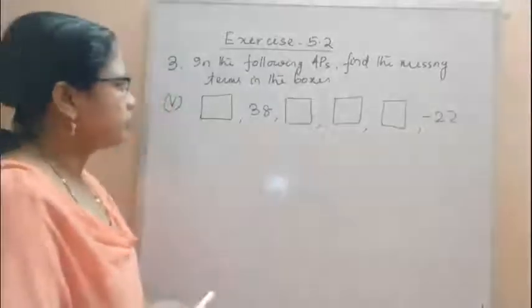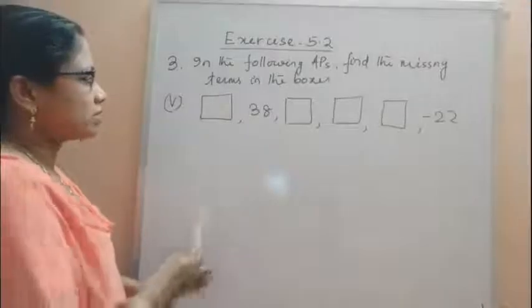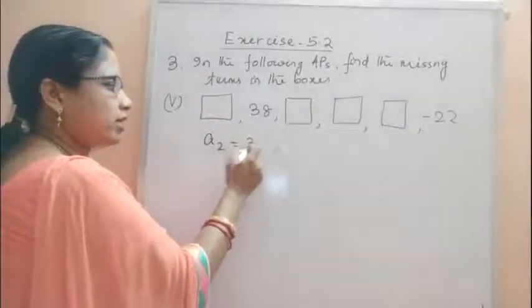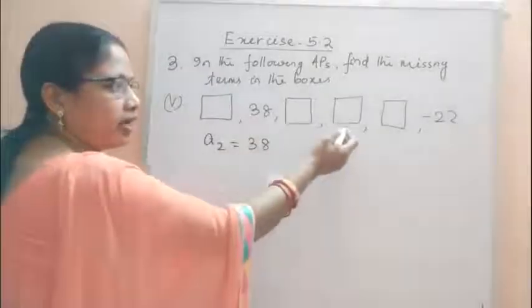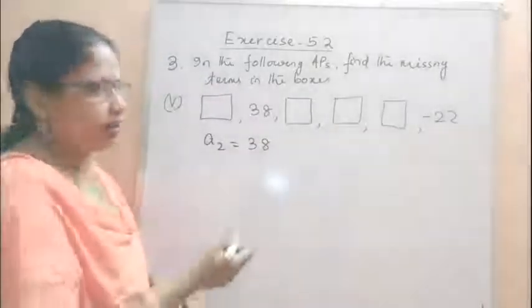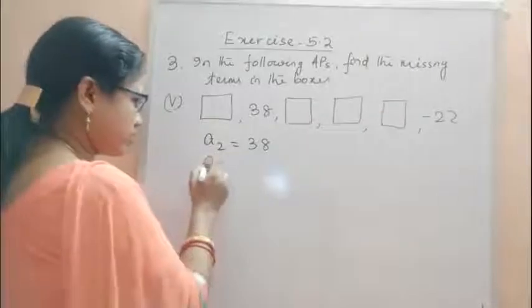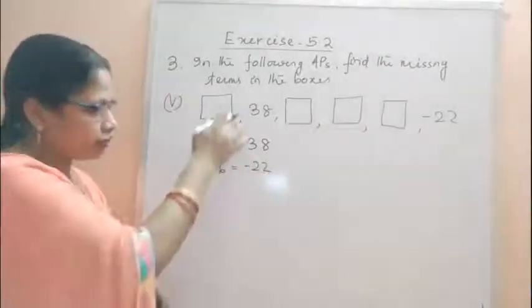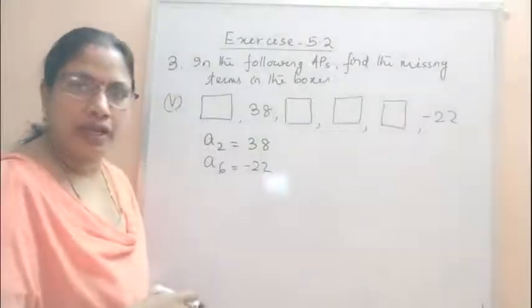So next, the fifth bit. a is not given, a2 is given. a2 is 38. a3, a4, a5 are not given. Then a6 is given; a6 is minus 22. So from this we have to find a and d.